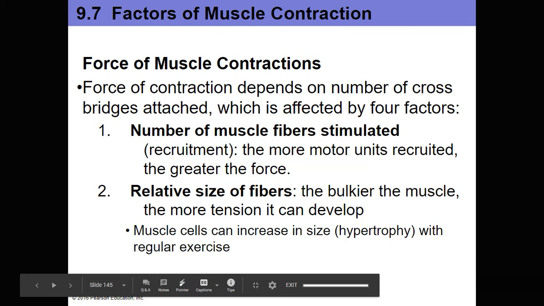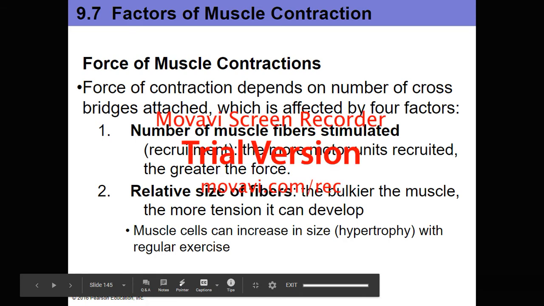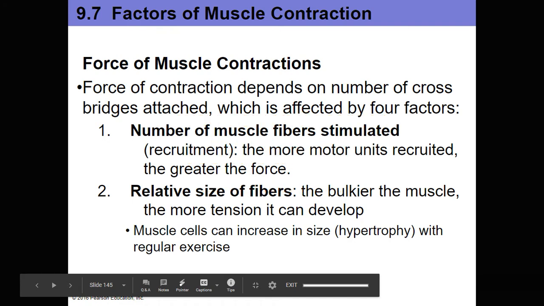Okay, so that just follows physics 101. And muscle size can increase with regular exercise. So lifting weights and things of that nature can increase the size of your muscles because you are demanding more from your muscles. Therefore, they grow in response to that demand.